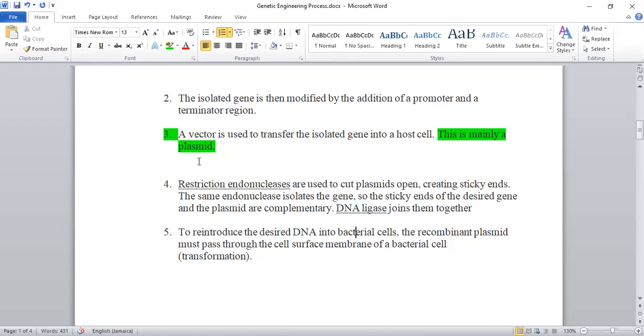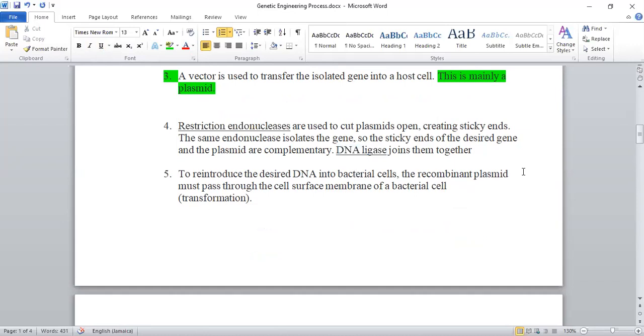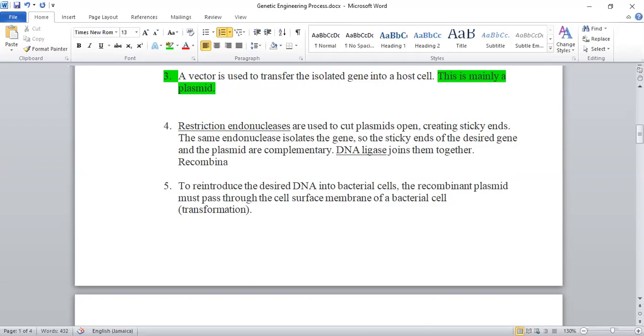So we will have cut the plasmid with the same enzyme we used to cut out our gene, so that the two of them can seal together nicely. And to join them up properly, we use this enzyme called DNA ligase. At this point we can call it recombinant DNA, because once we have put two pieces of DNA together, it's now called recombinant DNA.